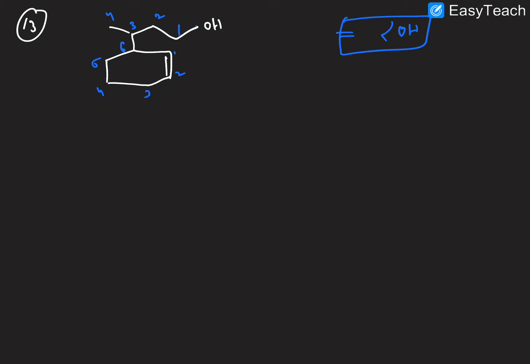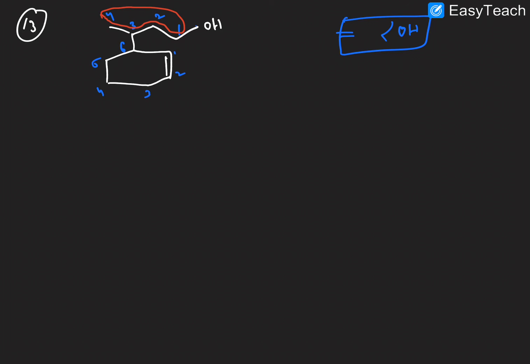Whenever a functional group is there, even if it is a small chain, that is the parent chain. So we have to take this chain, not the long alicyclic chain, as the parent chain, right?